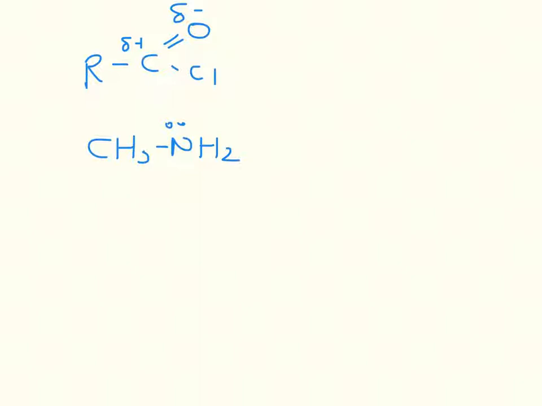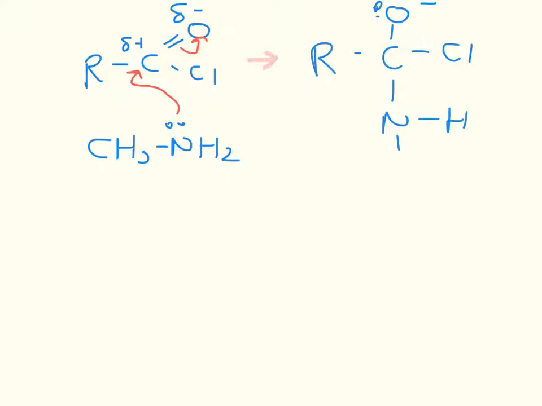So the mechanism is very similar to all the rest. The lone pair attacks the carbon with the delta plus, and I'll end up with this intermediate here with O minus with a lone pair on the oxygen, Cl, and then N with a positive charge on him because he has got 4 bonds.